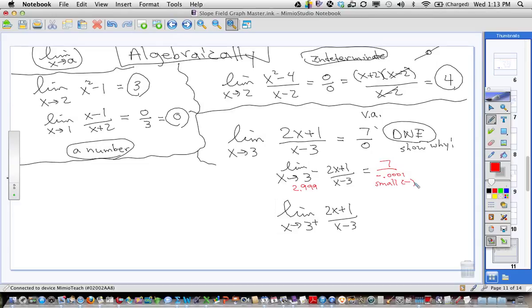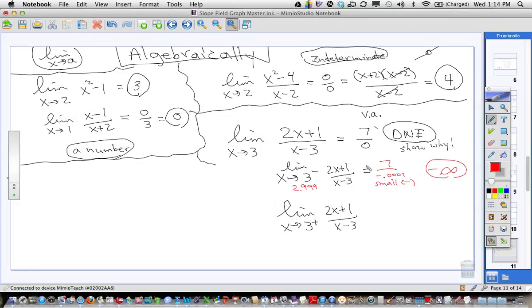That's why the 0 was there when we plugged in a 3. So if I put in 2.999 minus 3, that's a really small negative. What happens if you take 7 divided by a really small negative? You get a really big negative. So what we just found is that on the left of 3, this is going towards negative infinity.